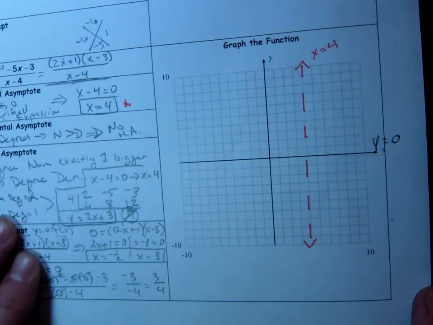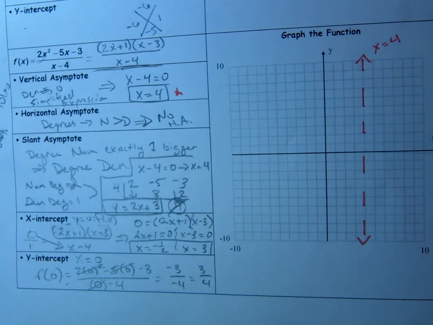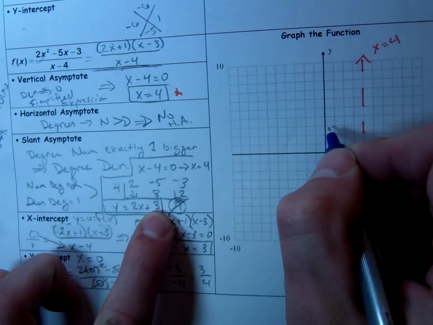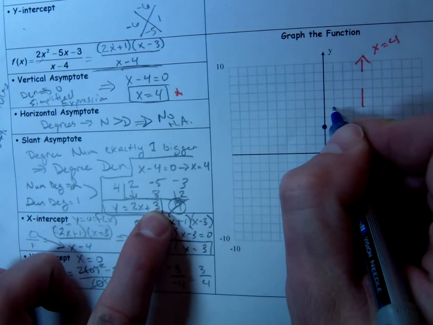Now, we also see here that we have a slant asymptote. I'm just going to switch up colors, but I'll still use a dashed line. That slant asymptote is 2x plus 3. So I'm going to have a y-intercept here at 3, and then I'm going to go up 2 and over 1. Up 2 and over 1.